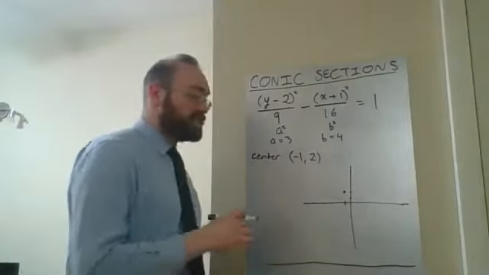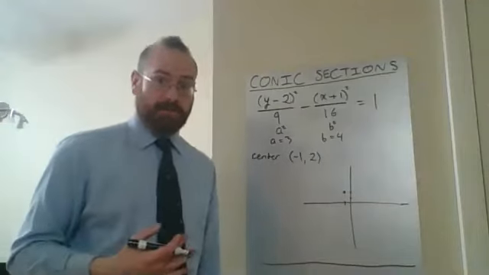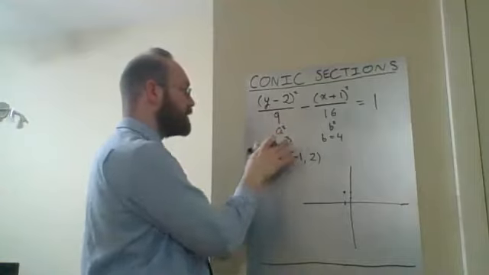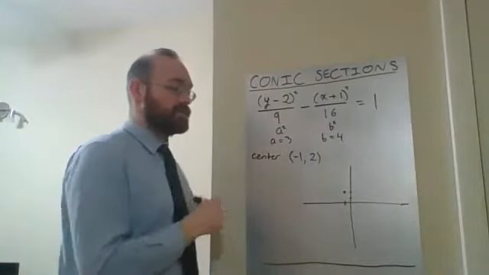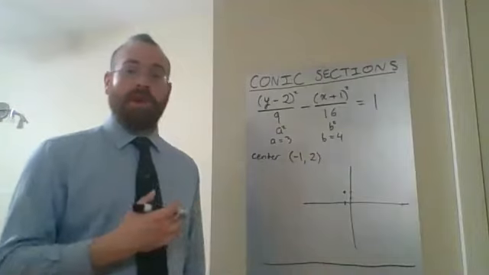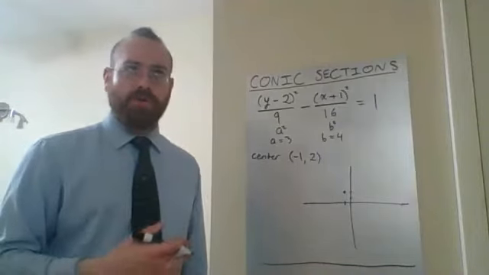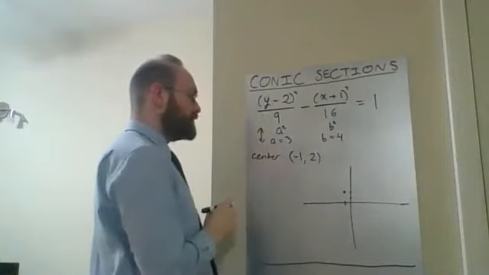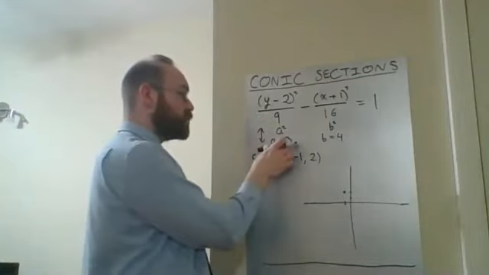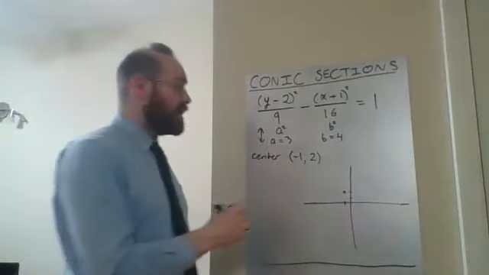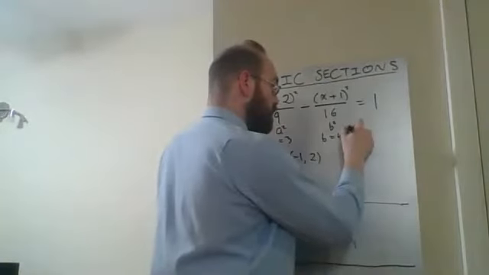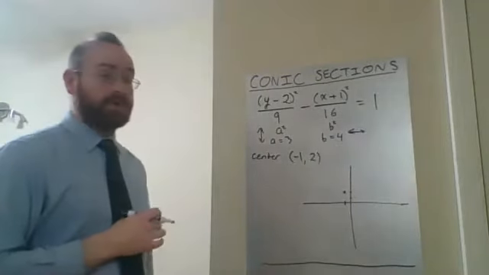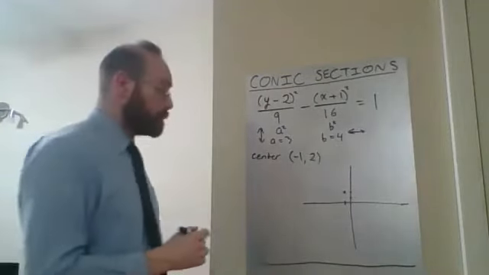Now, the first thing to do is to graph the vertices. So the vertices are going to be in the same direction as the direction of our first term. Y direction is vertical, it's up and down. So I'm just going to draw this little arrow here that visually reminds myself that I'm going to go 3 up and 3 down. And then I can draw a left and right arrow next to the b to remind myself that I'm going to be going left and right 4 units.